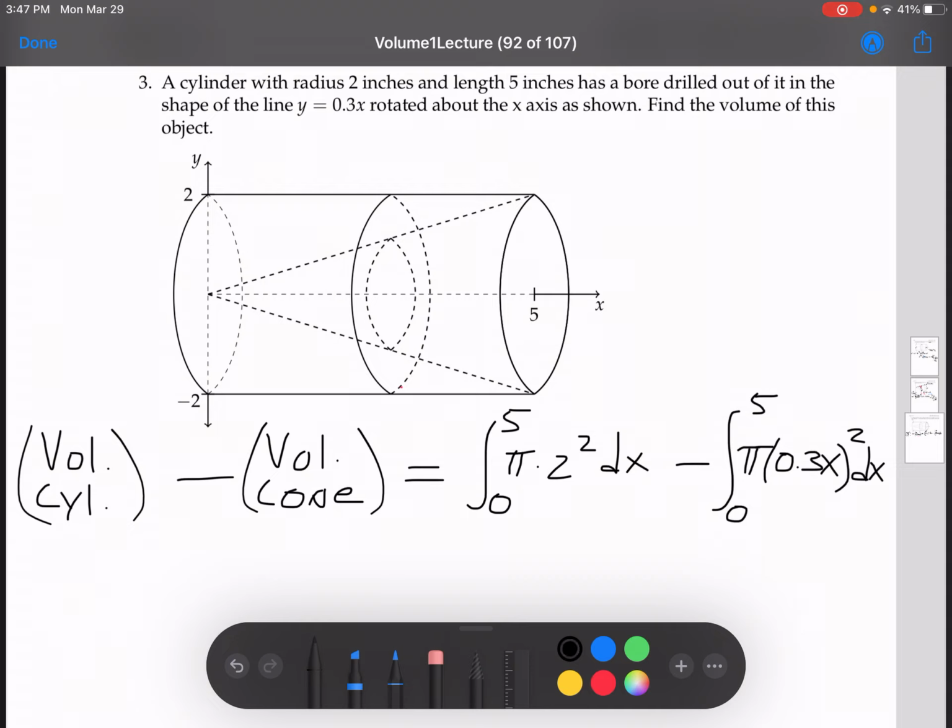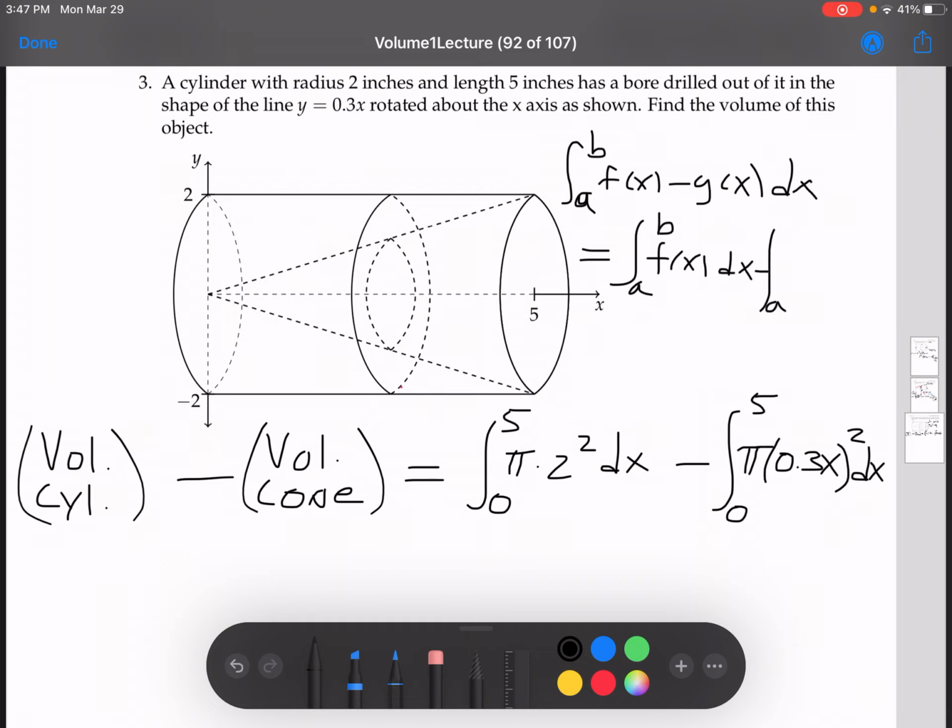Now we have a rule about integrals that you may remember: the integral from a to b of f of x minus g of x dx is the integral from a to b f of x dx minus the integral from a to b g of x dx, meaning that we can split integrals over sums and differences.